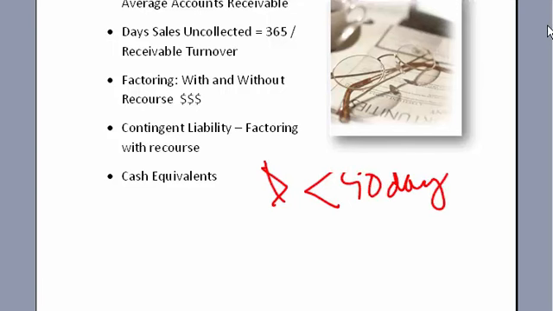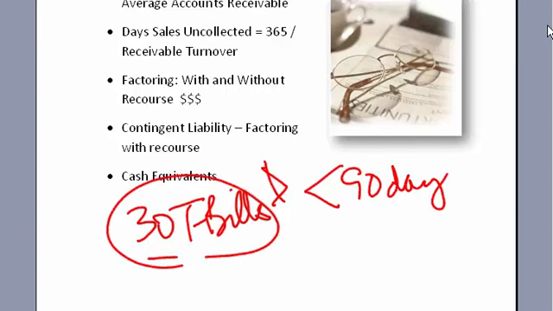So if you go out and buy 30-day treasury bills, what you're going to do is take those 30-day treasury bills and list that short-term investment right along with your cash, so you'll put it in as cash and cash equivalents. Again, we'll see that mostly in the statement of cash flows, which is the last chapter of the semester.